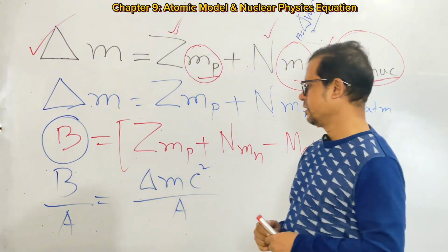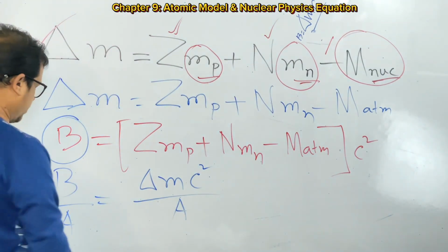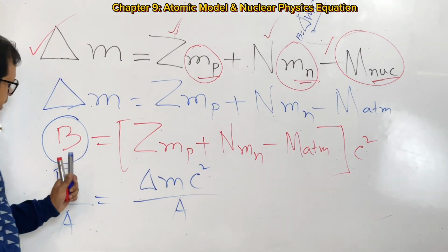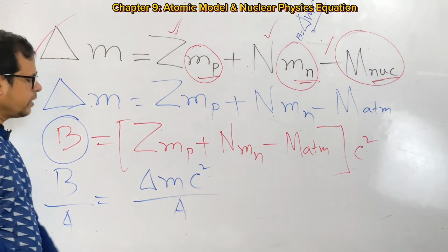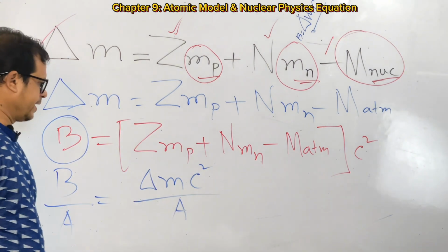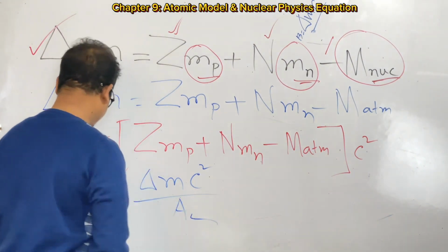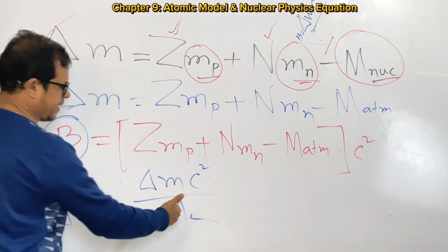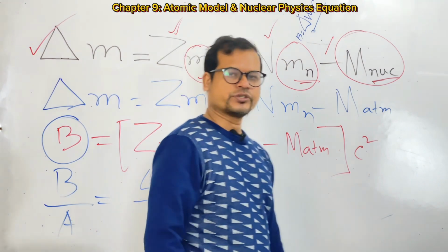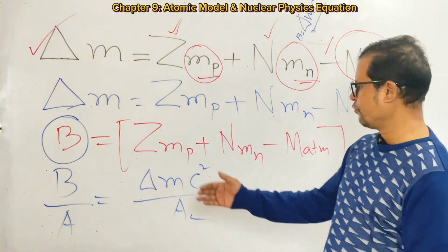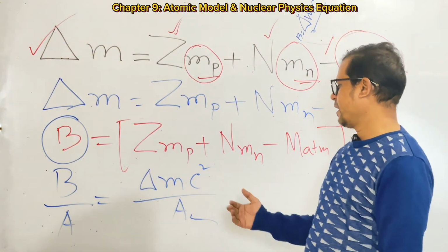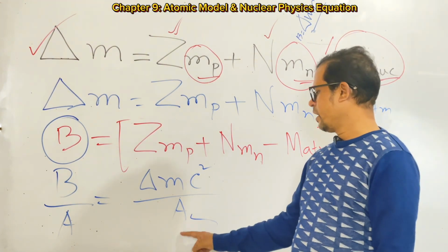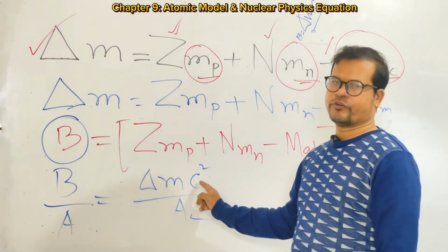Okay, and this formula is binding energy per mass number. B over A equals delta M c squared over A, where A is the mass number. You can find B over A by putting in the values of the mass defect and the velocity of light.